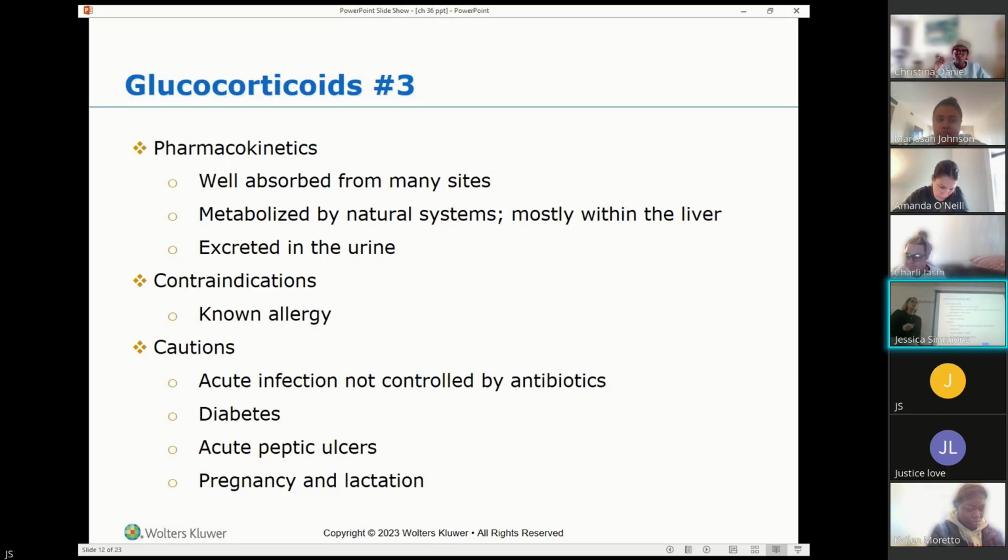What is a question, as a nurse, that you would want to ask your patient if you see them walking into the office or the hospital and they just got a new prescription of a steroid? Oh, yeah, allergy, but it's the basics: have you been sick recently?